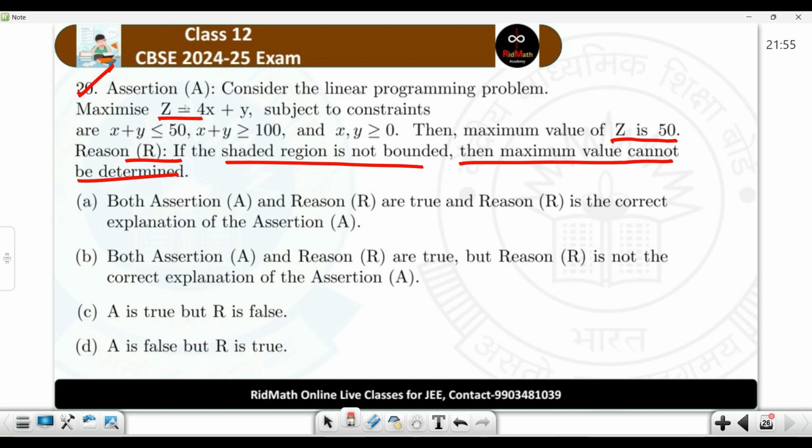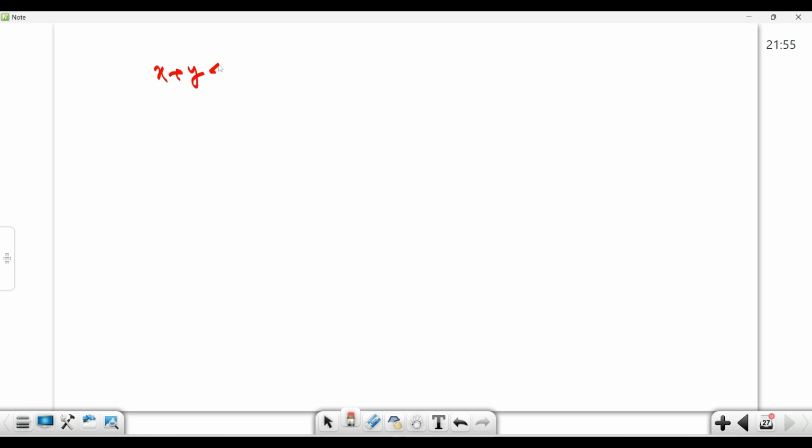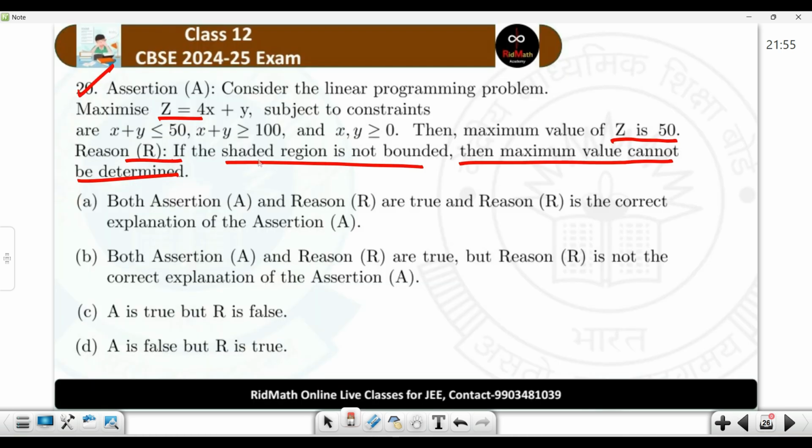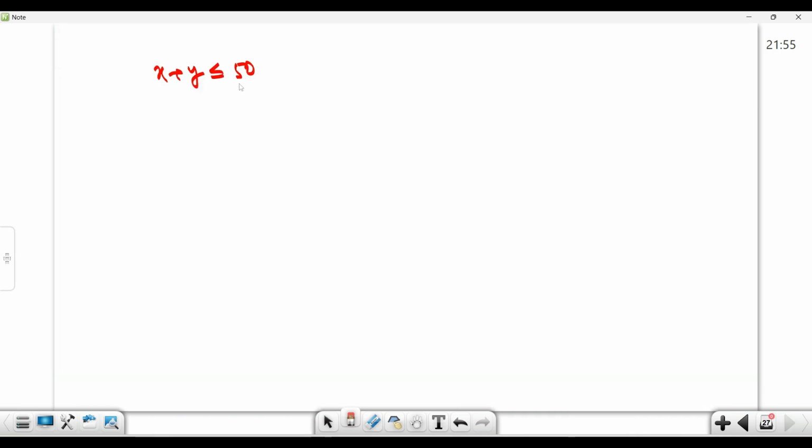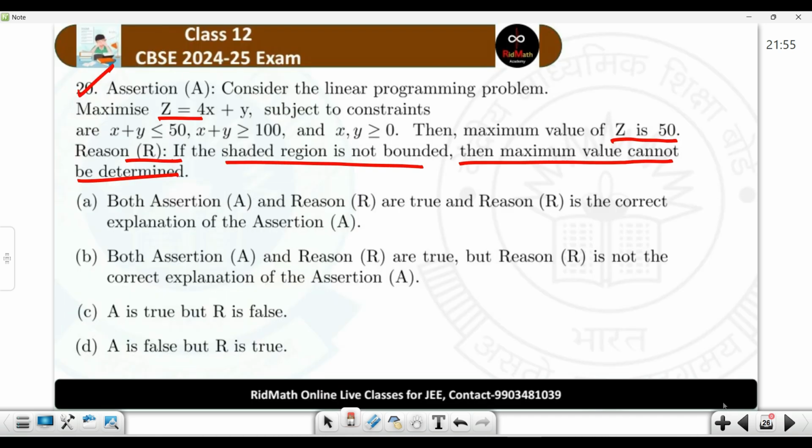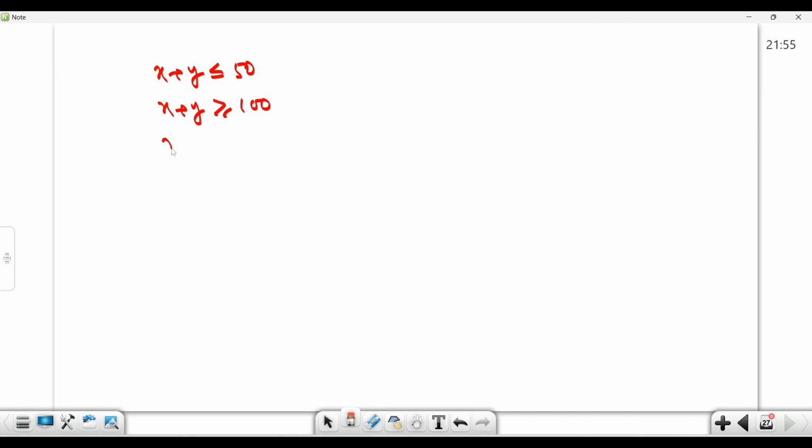The constraints are x plus y less than 50, x plus y greater than 100, and x, y greater than 0.